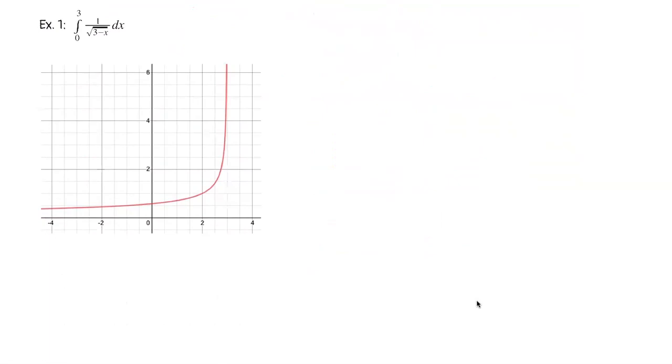So this function we saw earlier, 1 over the square root of 3 minus x, and we hand drew that diagram, but this one I cut and pasted from Desmos. We have a situation where we've got a vertical asymptote at x equals 3.